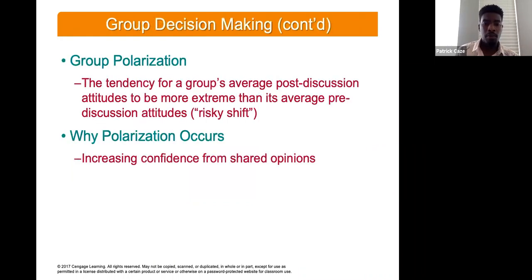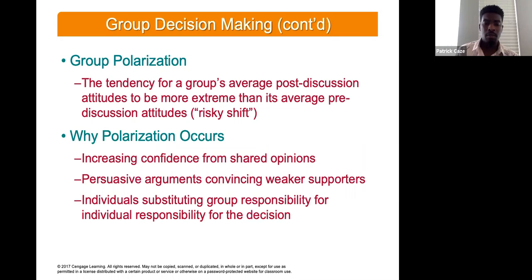And so when we talk about polarization, we're talking about the tendency for groups' average post-discussion attitudes to be more extreme than its average pre-discussion attitudes, okay? So what it's saying here is that the discussion after the decision is made is a little bit more tenuous than it is before, right?